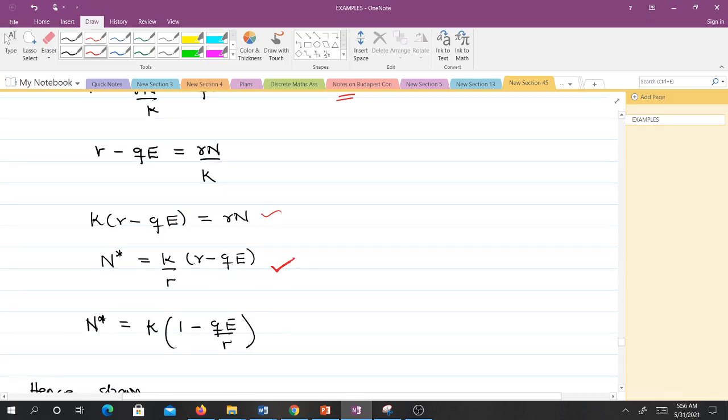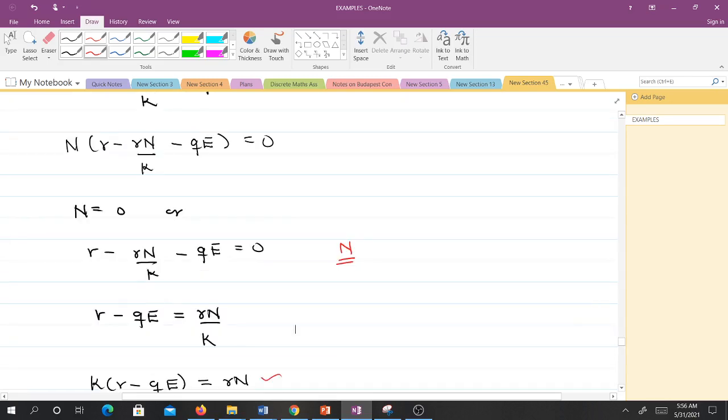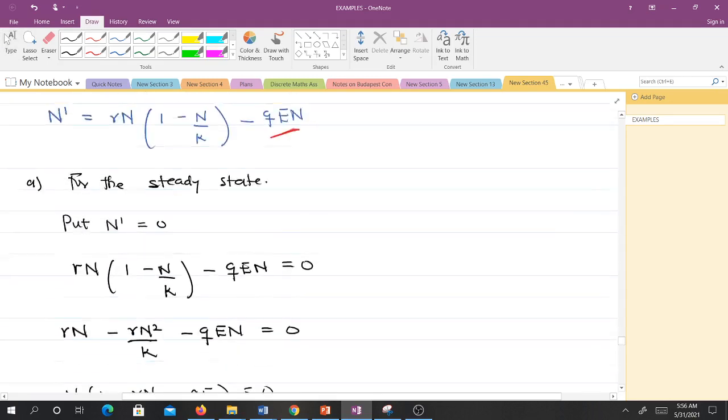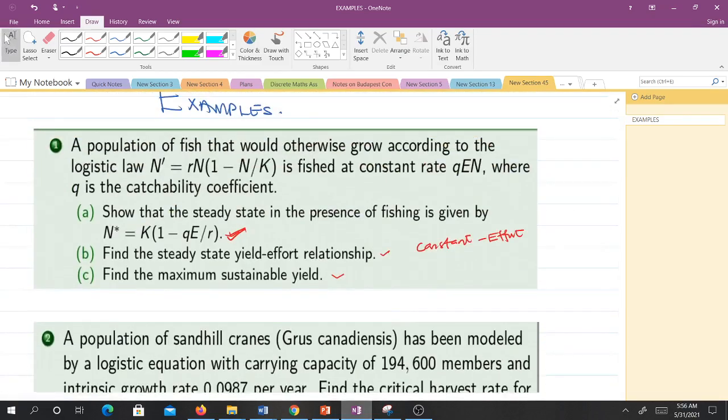So we have shown that N star, which is the steady state, is given by K times 1 minus QE over r. I hope you understand, right? So this was very simple for us to find out. Okay, so that's it. We have shown that here.